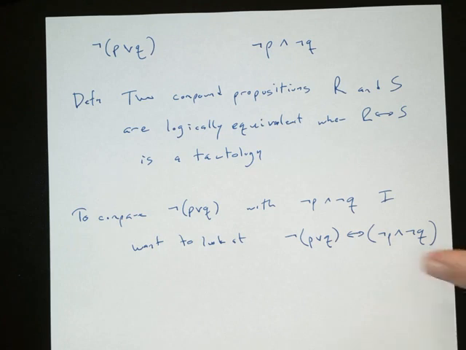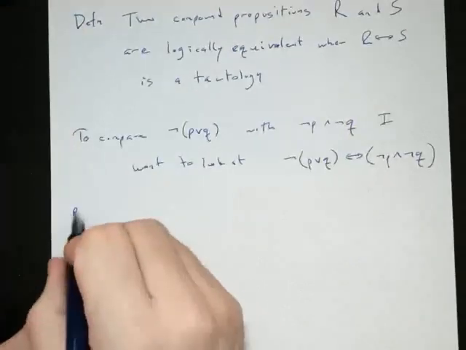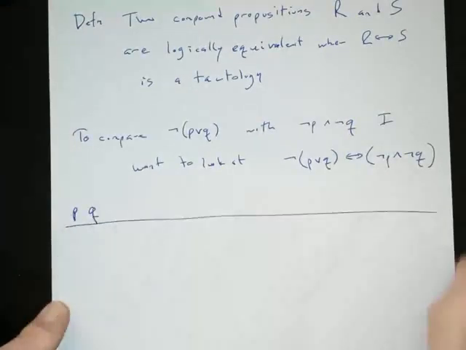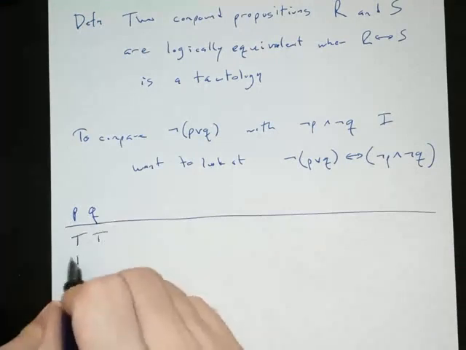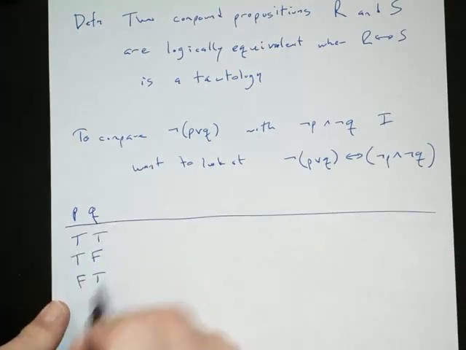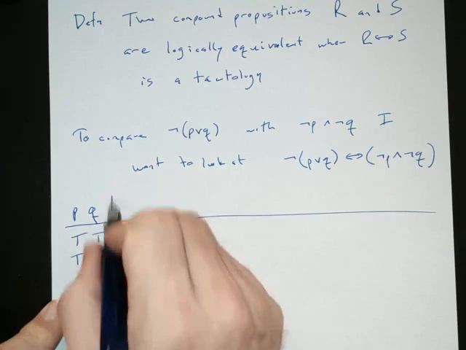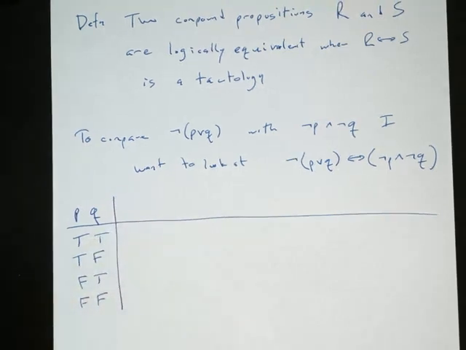I need to build a truth table for this. There are only two variables in this. How many rows do I need in my table? 4. And we've seen them before. P, Q. Now you have your choice.